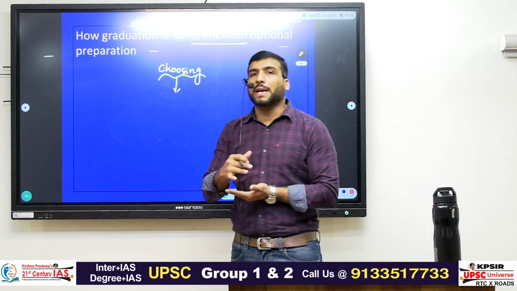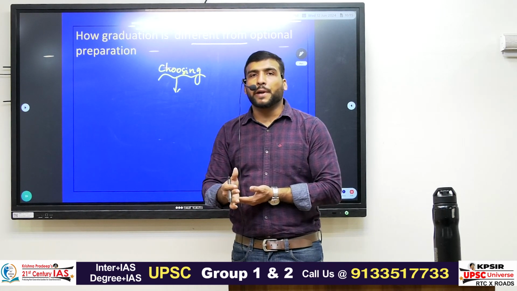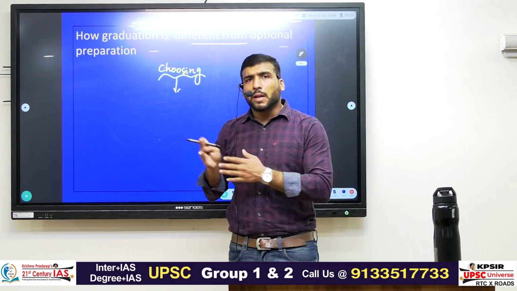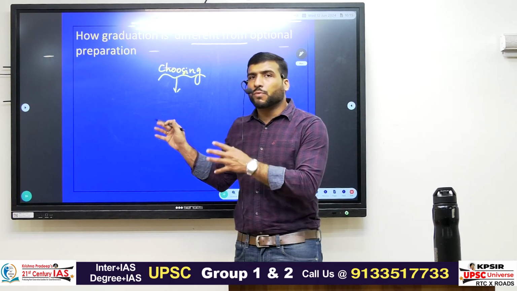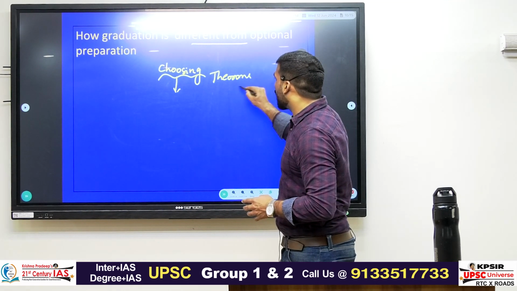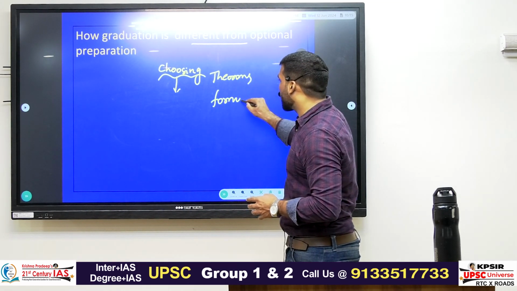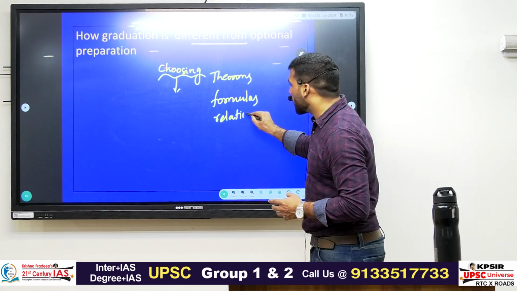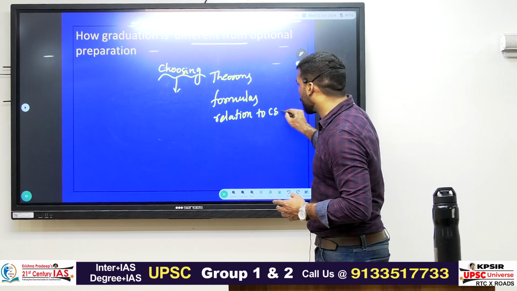Once you feel that the maths optional chapters are clear to you, it is more than enough to choose maths optional. The reason is, it is a subject including theorems, formulas, and relation to CSAT also.